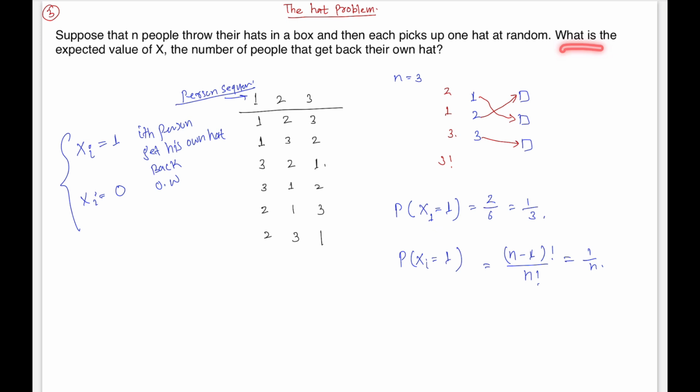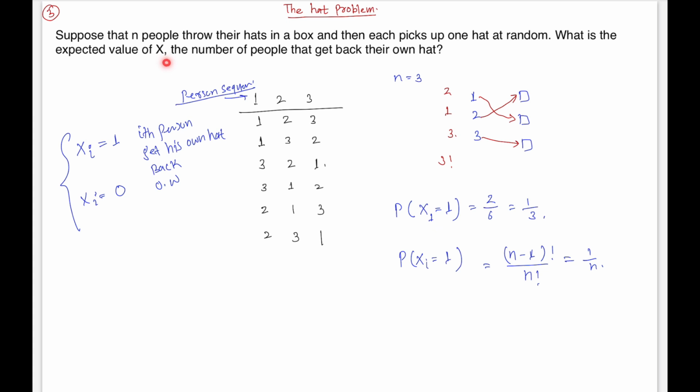Now let's look at this random variable and try to find the expected value of the random variable x. This is a different random variable, this is the xi random variable, right? And this is the random variable x that is given in the problem.